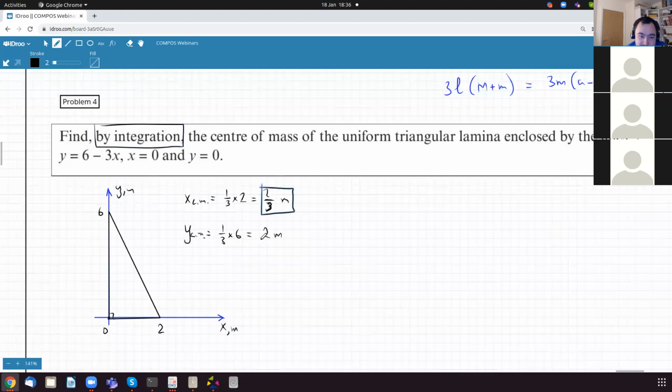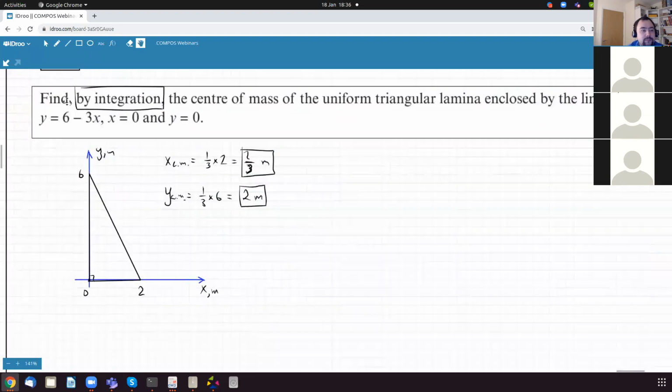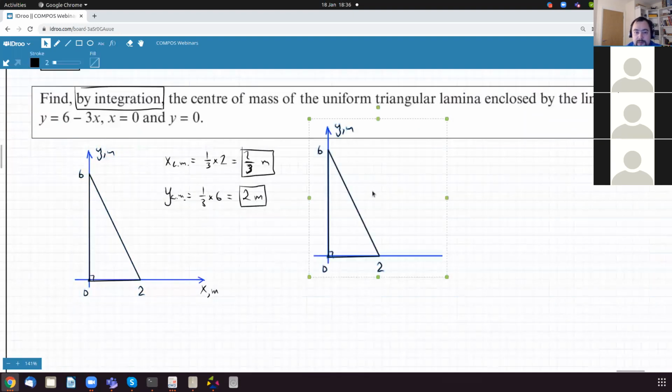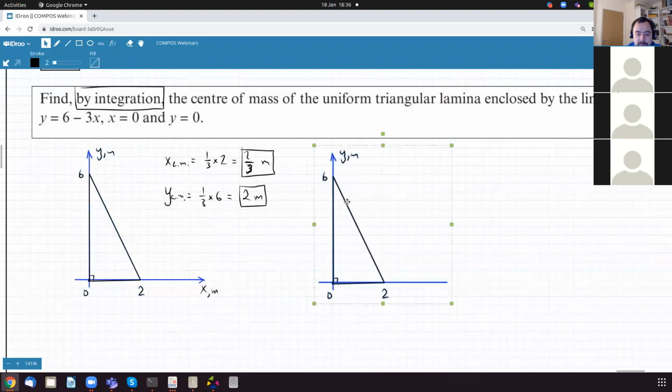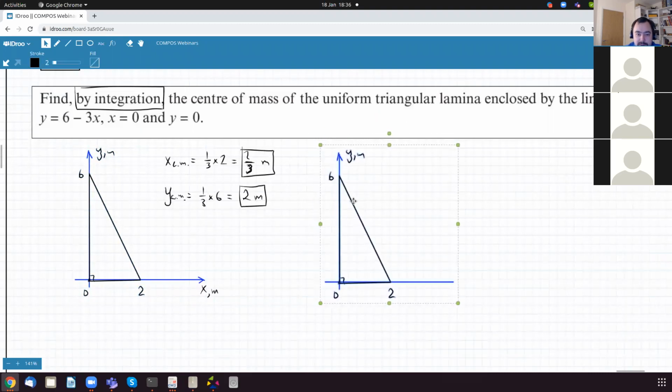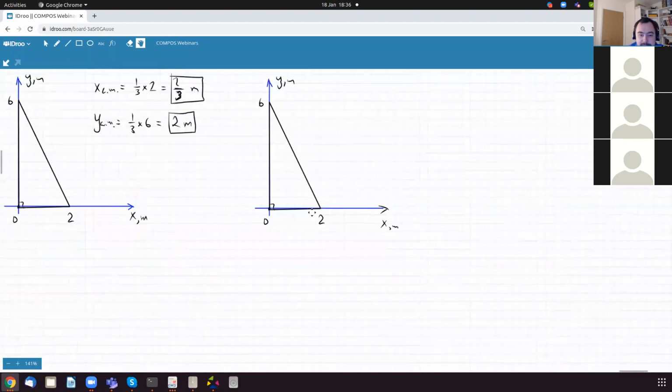Okay. The way they ask you to do it is not necessarily the simplest way. Well, okay, so let's start with finding the center of mass on the x-axis.